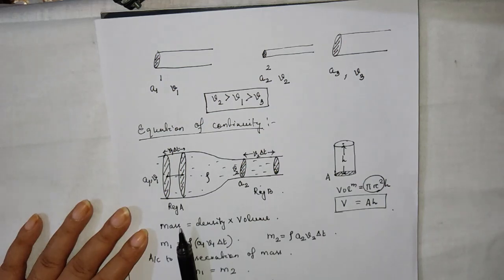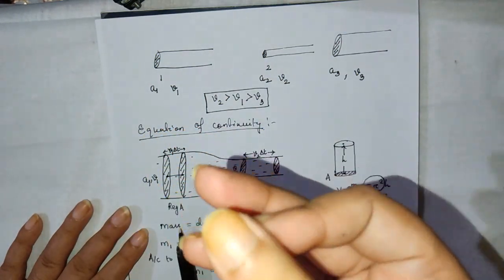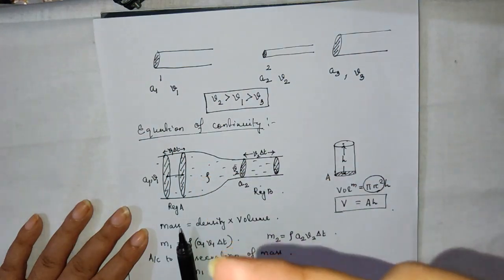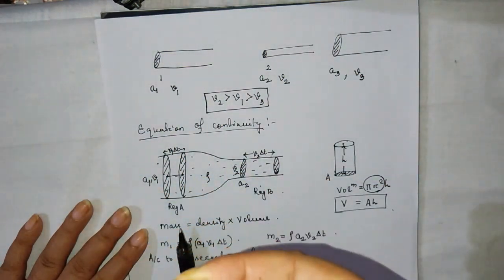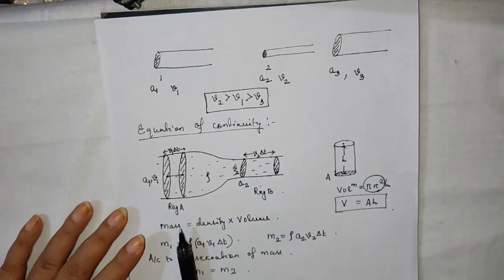Whenever you want to throw the water to a large distance, what do you usually do? You just constrict or press the front cross section of the pipe such that the velocity increases and you can reach a larger distance. You do that in day-to-day life, but unknowingly you are using physics. So you can share this among your friends and family members, how physics is actually helping us.